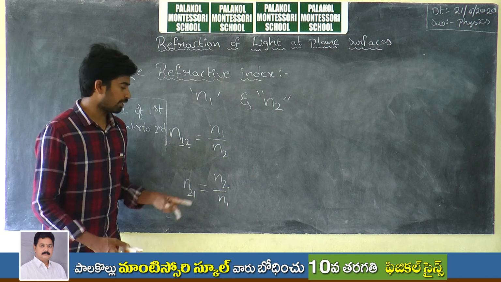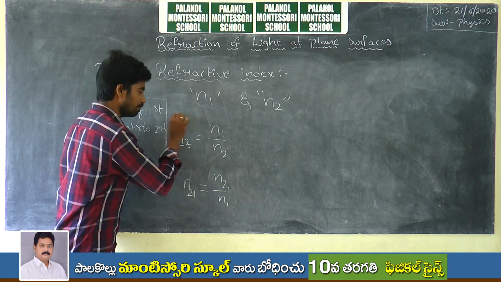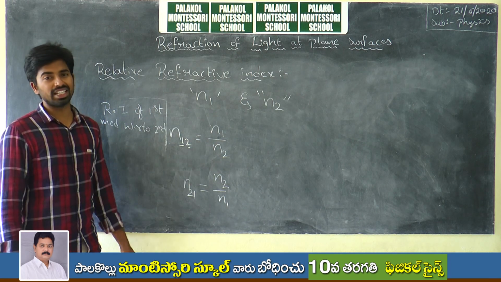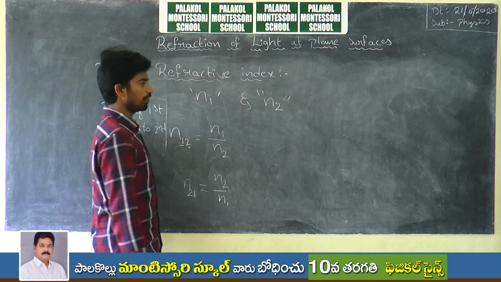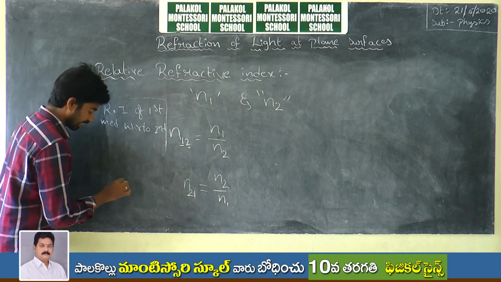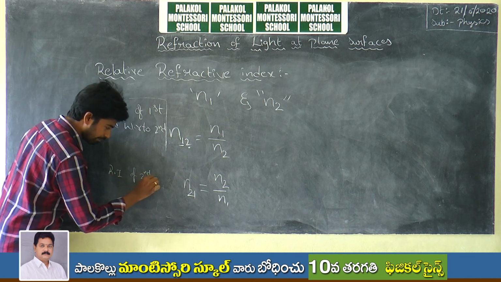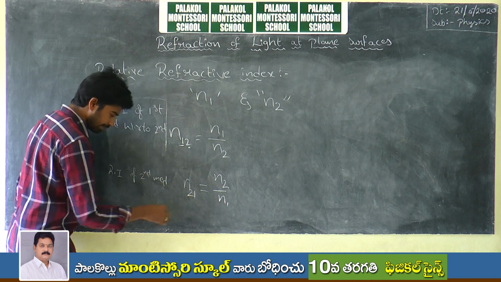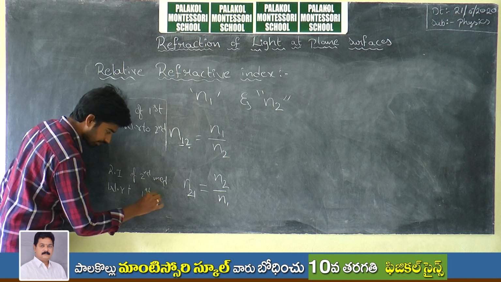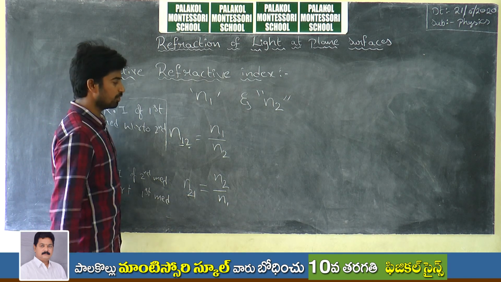By finding the ratios between the refractive indices, this number indicates the relative refractive index. N21 is nothing but the refractive index of the second medium with respect to the first medium.